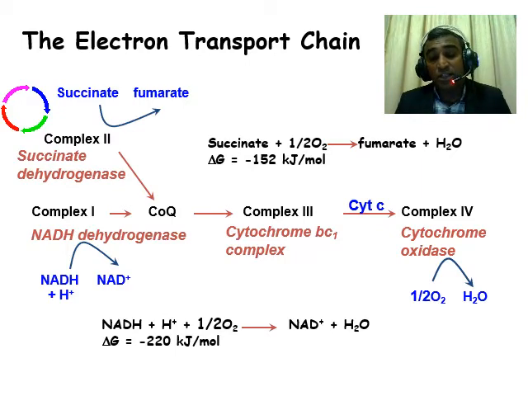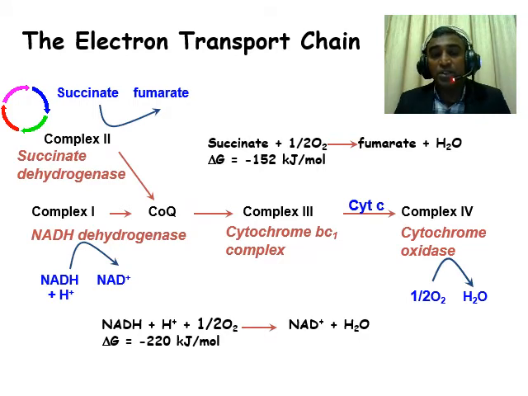Another interesting thing about this slide, it also explains why NADH, once converted to ATP, gives you 3 ATPs, while FADH2 you only get 2 ATPs. This is evidently shown by the Gibbs free energy.